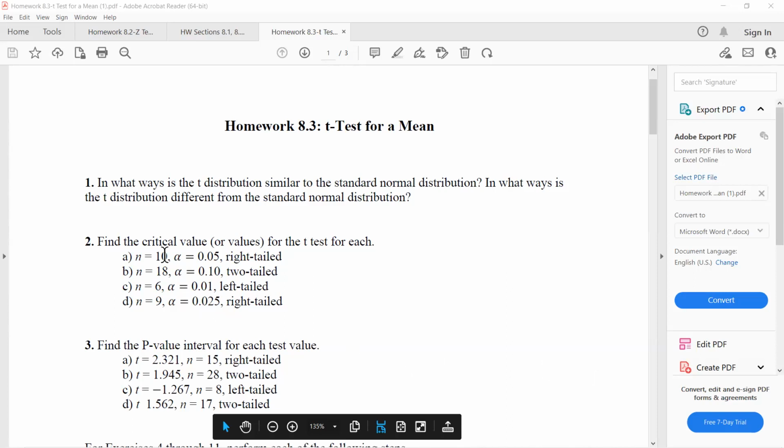This skill is going to relate to us doing the traditional approach. So here, n is going to be 10, alpha is going to be 0.05, and we're doing a right tail test. Let me show you where the instructions are.